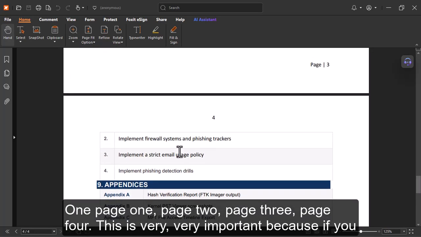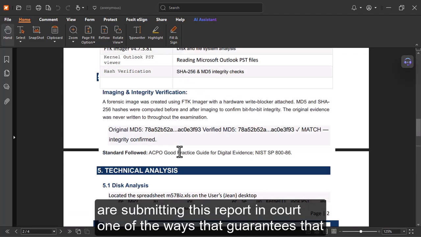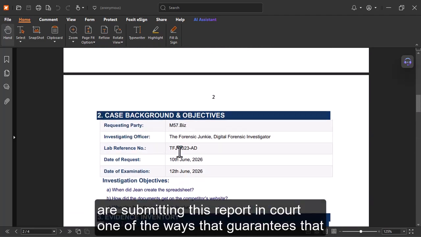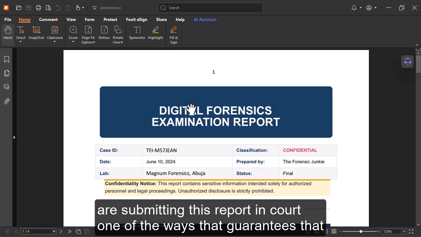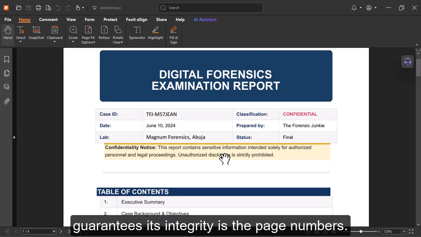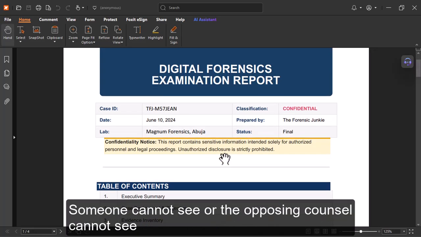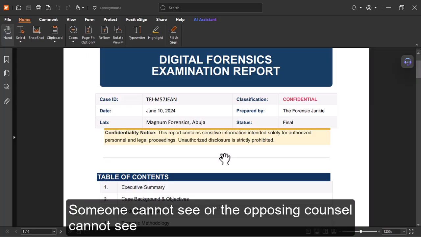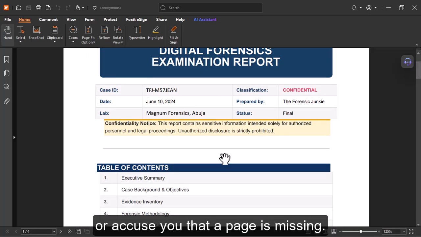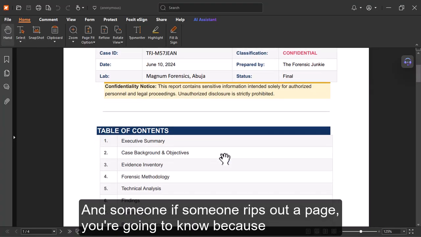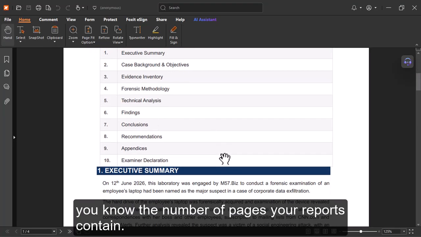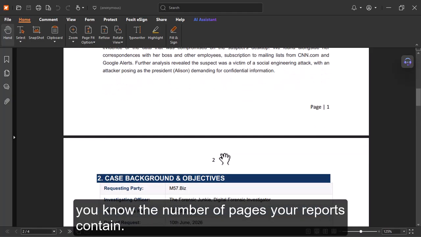This is very, very important because if you are submitting this report in court, one of the ways that guarantees its integrity is the page numbers. The opposing counsel cannot accuse you that a page is missing. And if someone rips out a page, you're going to know because you know the number of pages your report contains.